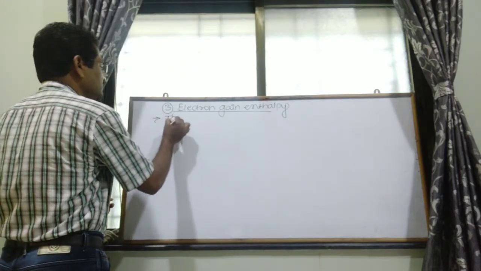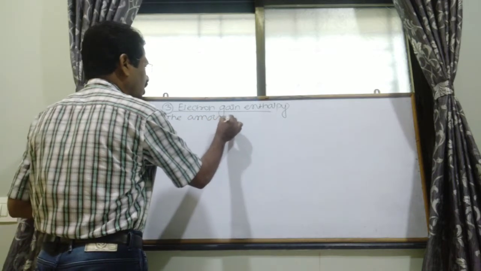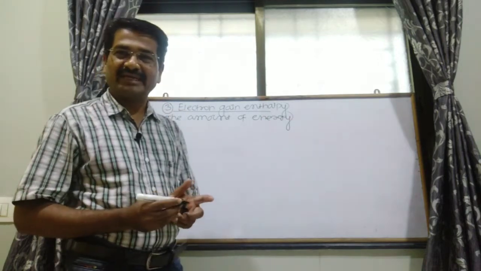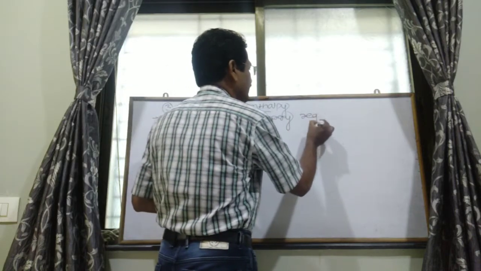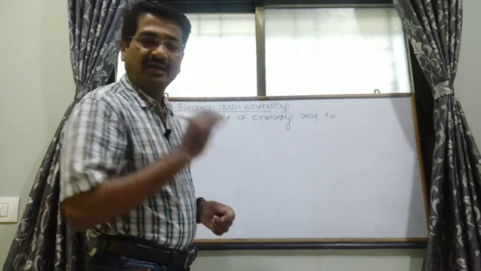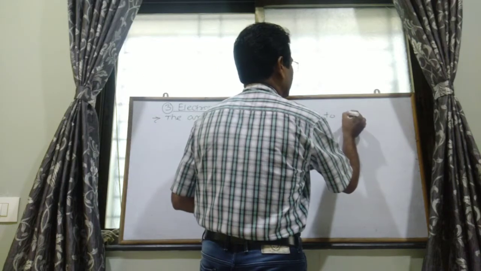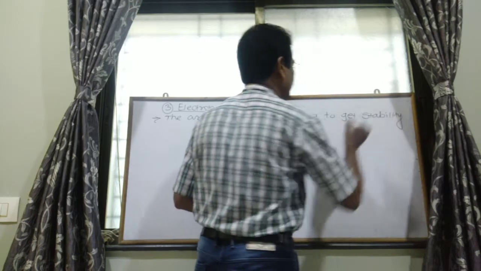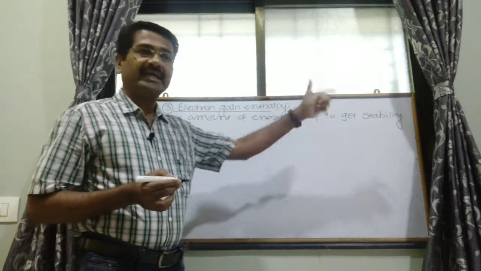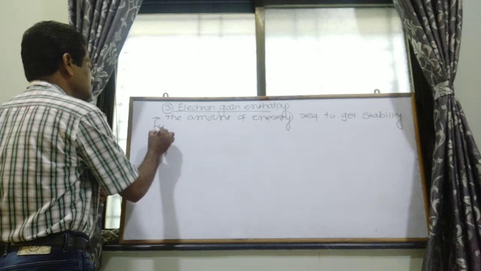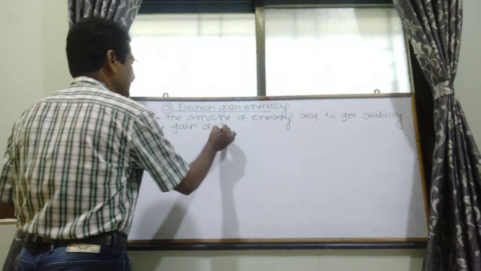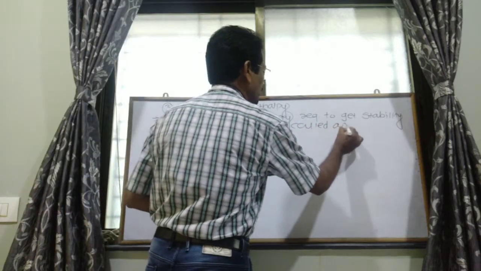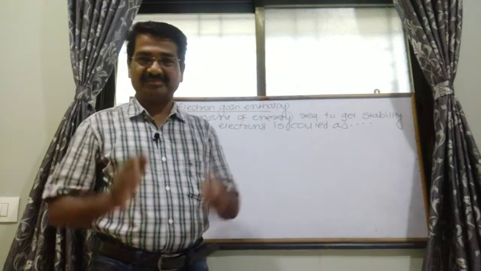The amount of energy or enthalpy required to get stability by gain of electrons is called electron gain enthalpy.